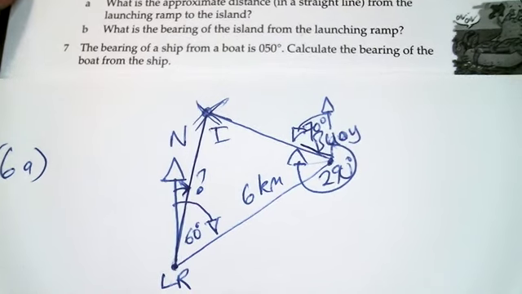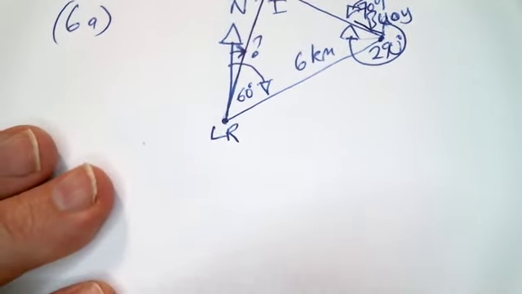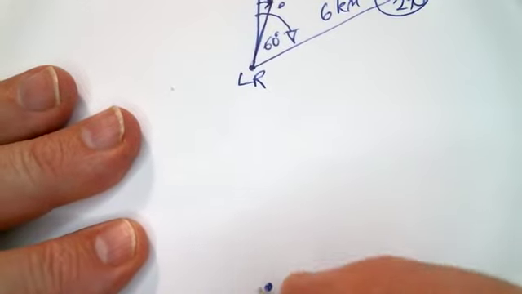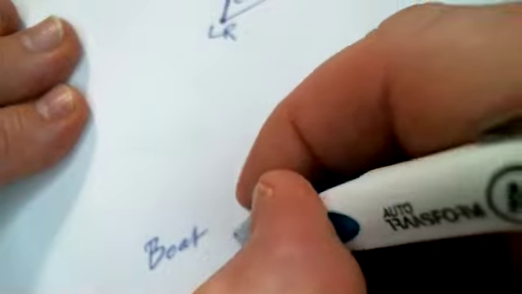All right, the bearing of a ship from a boat is 50 degrees. Calculate the bearing of the boat from the ship. So, bearing of a ship from a boat. So, here's a boat. I'll just go boat. Boat is north and 50 degrees.